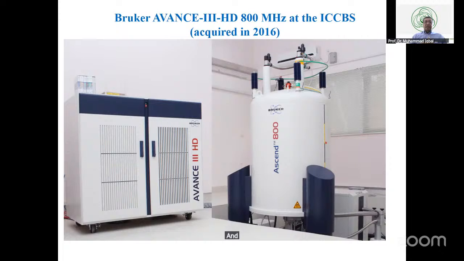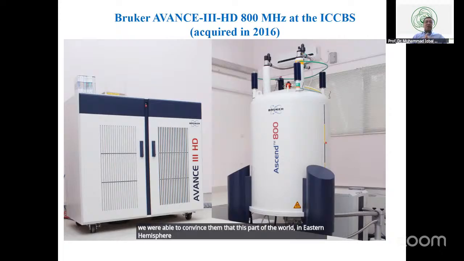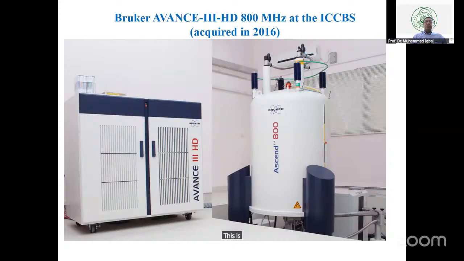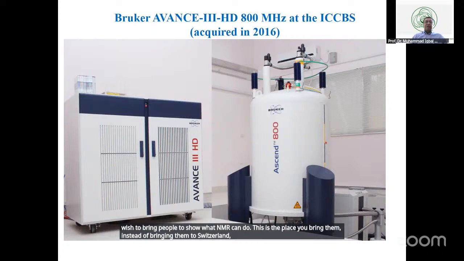And it was the cheapest in the world ever, because we were able to convince them that in this part of the world, the Eastern Hemisphere or global South, this is the most powerful NMR park. And if you wish to bring people to show what NMR can do, this is the place you bring them, instead of bringing them to Switzerland, Geneva, or France.